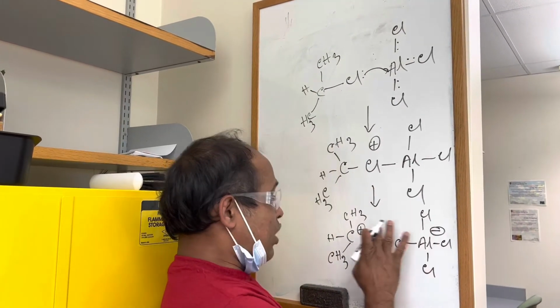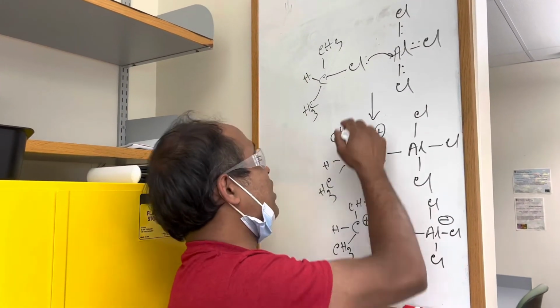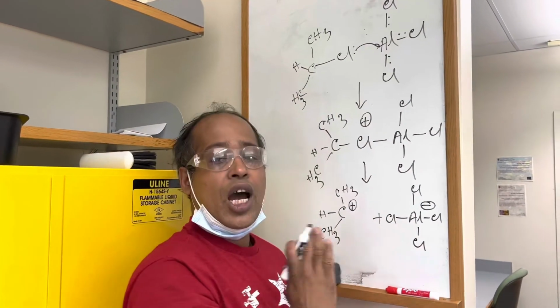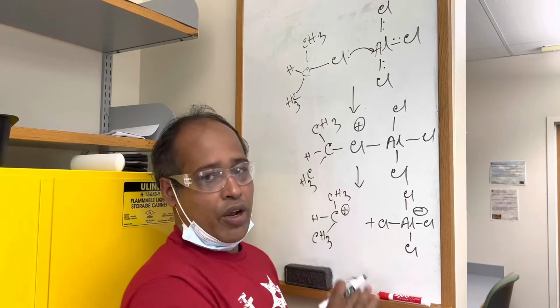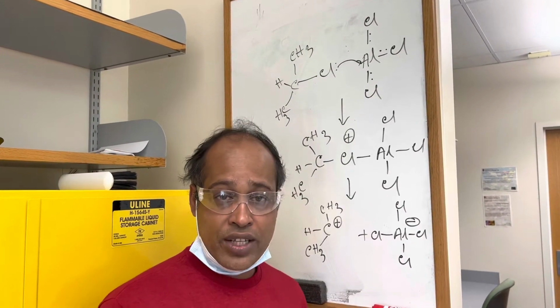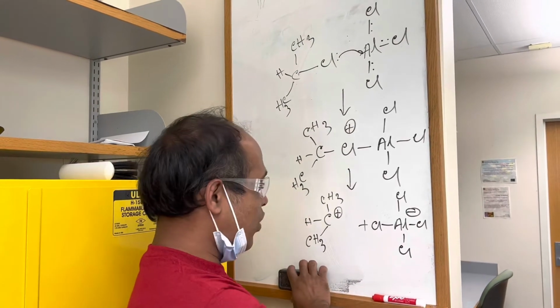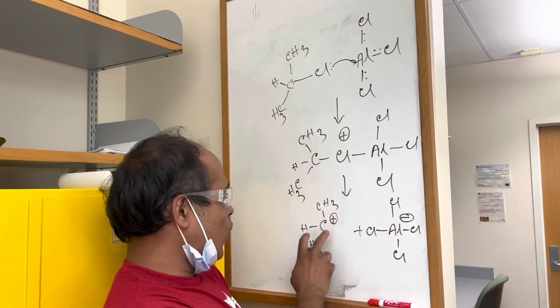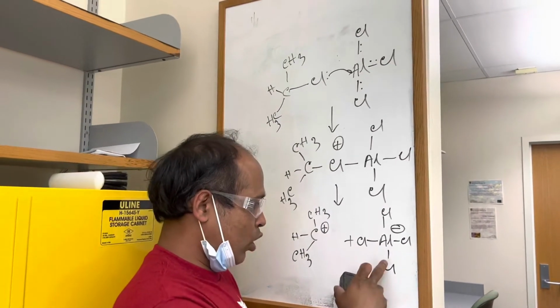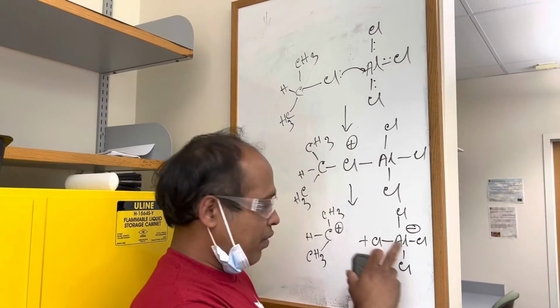So the aluminum chloride helps by taking out this chloride to make this carbon a carbocation, and that carbocation will be taken by the aromatic ring for the electrophilic substitution reaction. Let's see how it happens. Just keep in mind you have this carbocation and also this tetrachloroaluminate negative ion.